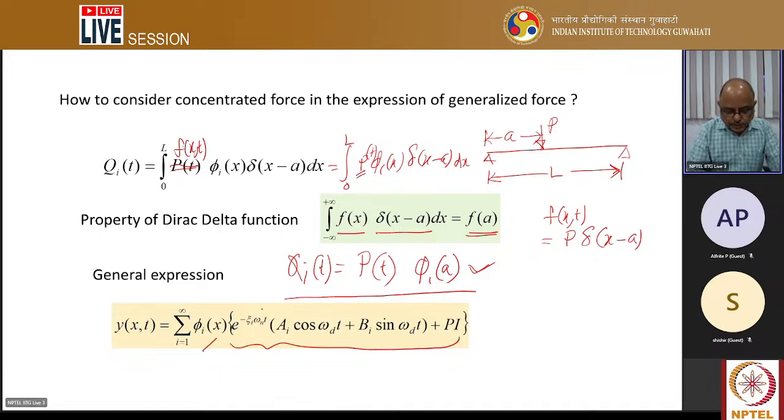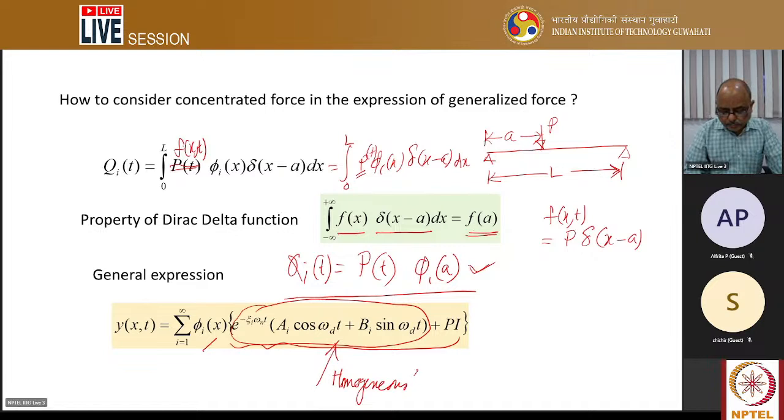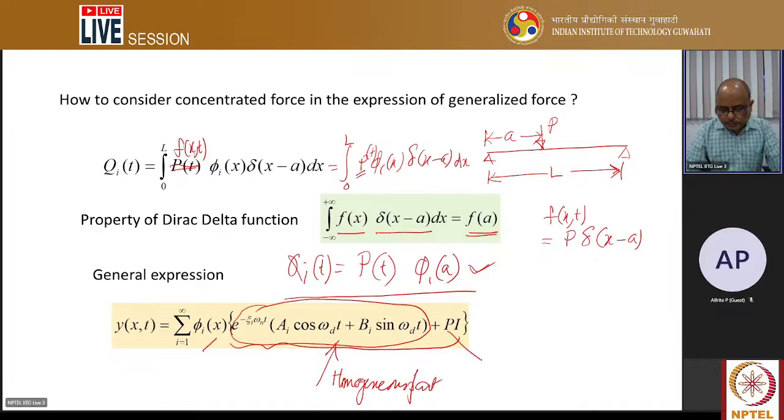The time function contains the homogeneous part for a damped system, and this is the particular integral, that is due to the external force, that you have to find. And for a linear system, it can be superimposed. So in this way, we get the complete solution.